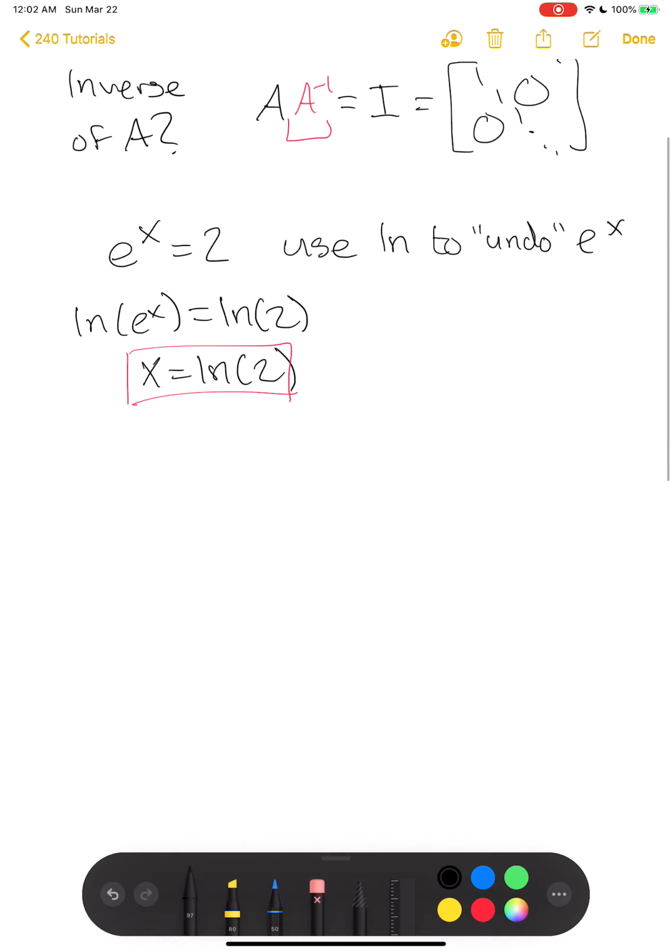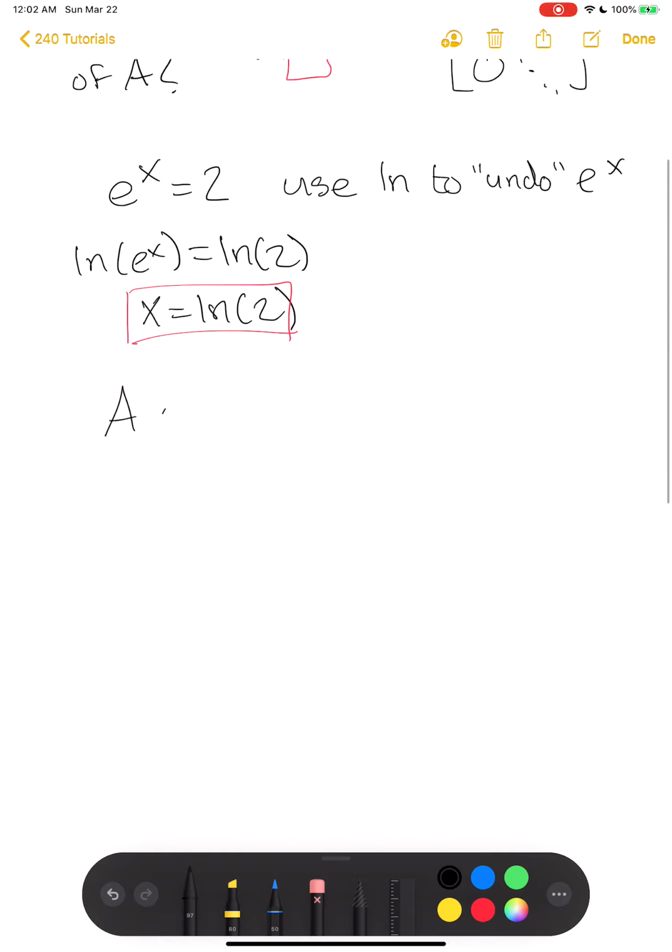So similarly, we've been working with equations like this: Ax is equal to b. Once we've encoded our system of equations into our matrix, we can write it in this form, and we're trying to figure out what x is. X is our variable here. And so we can do exactly what we did in the case of e to the x, but we can use matrix inverses instead. So if I rewrite this, Ax is equal to b.